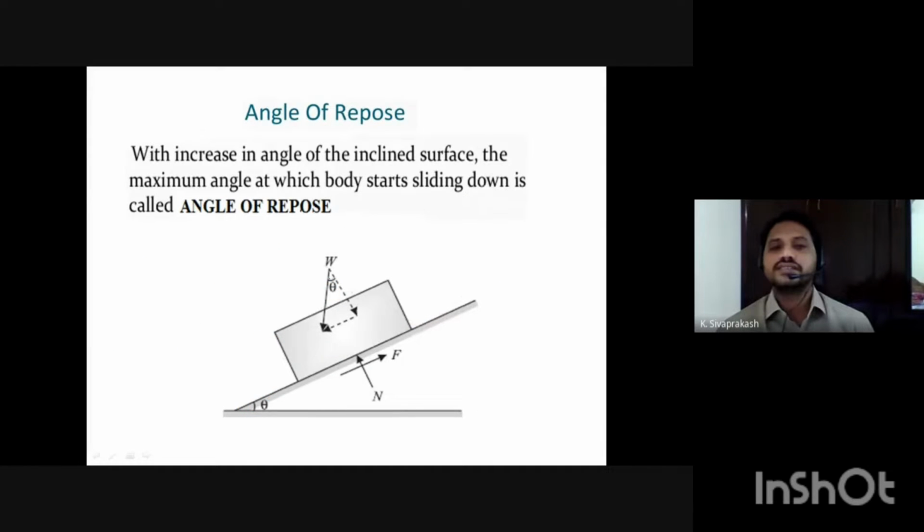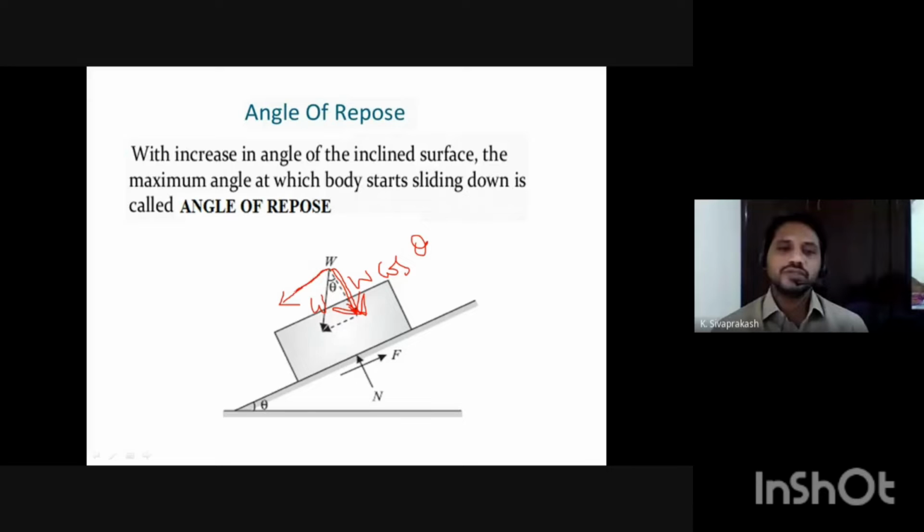After representing this theta here, you can resolve into components: one is the x component, one is the y component. As I told you initially, the theta side will always be the adjacent side. The weight is W. Then what is the component value of this adjacent side? W cos theta is the value of the vertical component.